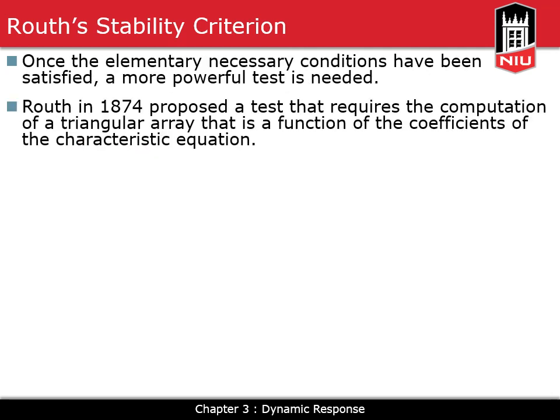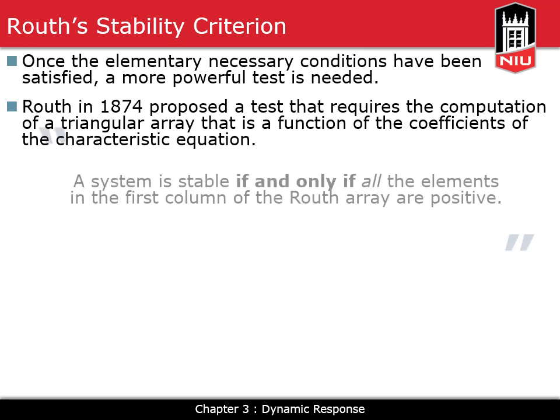Once the elementary necessary condition is satisfied, then we can use Routh's stability criterion, which was created more than 100 years ago. A system is stable if and only if all the elements in the first column of the Routh array are positive.